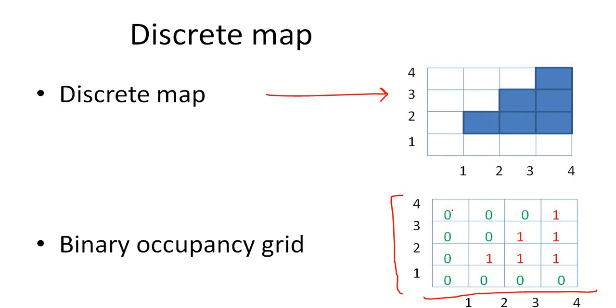The free space is represented by 0, and the occupied space is represented by 1. So 1 means there is an obstacle and this cell is occupied. The green means this is free space. Later for path planning, we use these kinds of maps to plan a path to avoid obstacles and to reach some kind of goal.